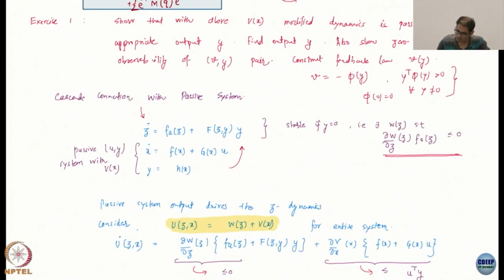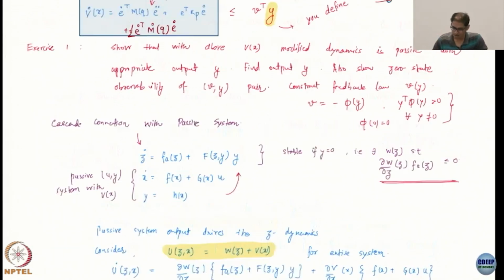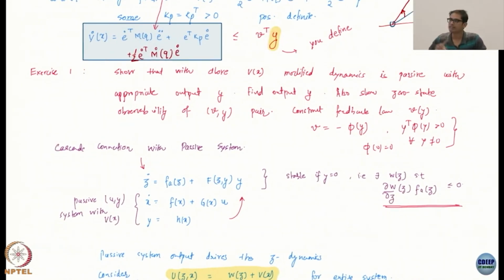However, you have to also show, in this case, that with this particular output y, you get zero state observability. This was a little bit more work. So what is zero state observability? It is that if the output you chose is 0, then the state also has to be 0. There is no other way about it.